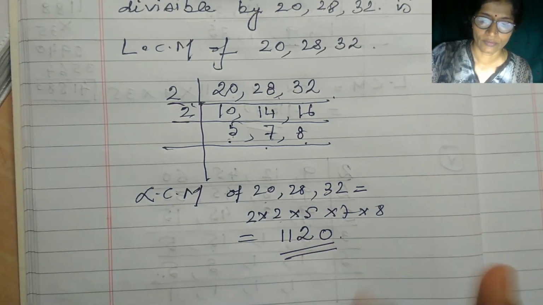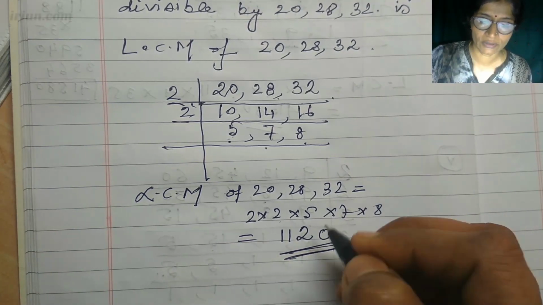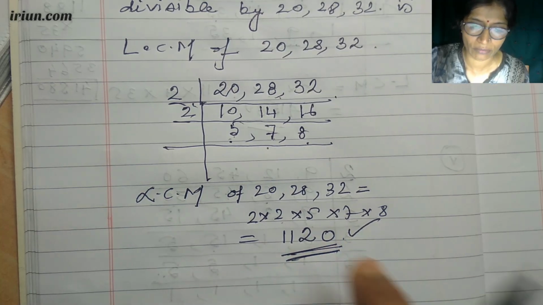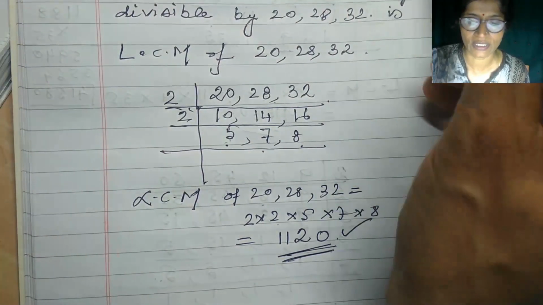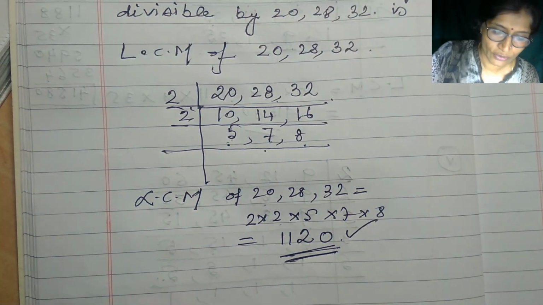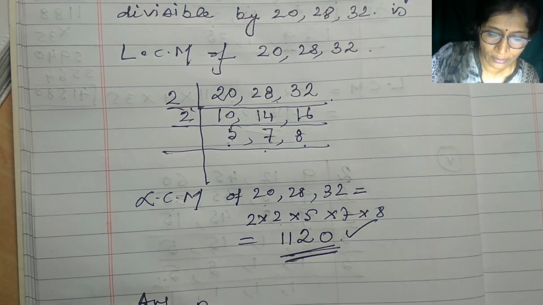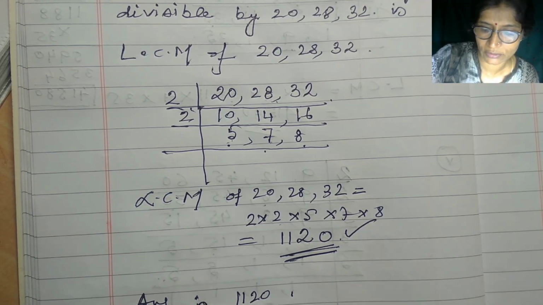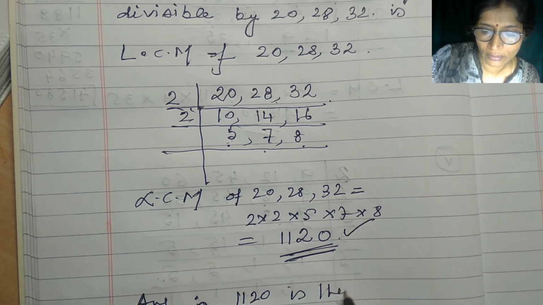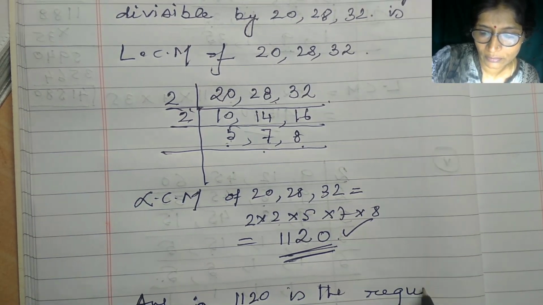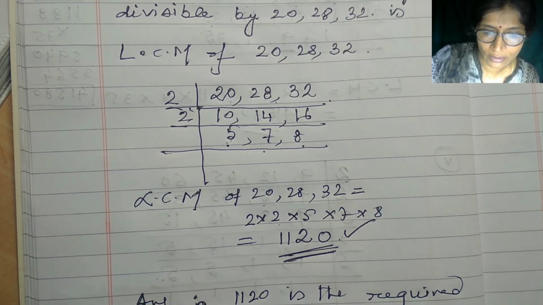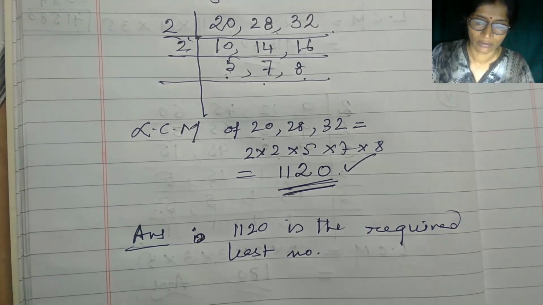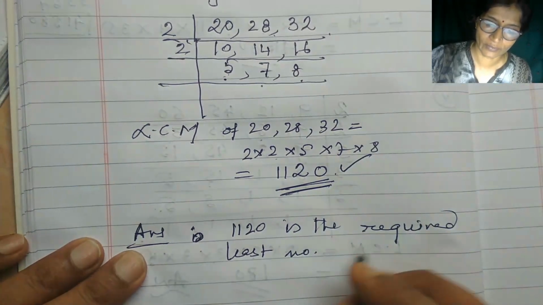Okay, so this is the required number, the least number, the smallest number which is divisible by this, this and this. Even you can verify it. So your answer is 1120, the required least number.